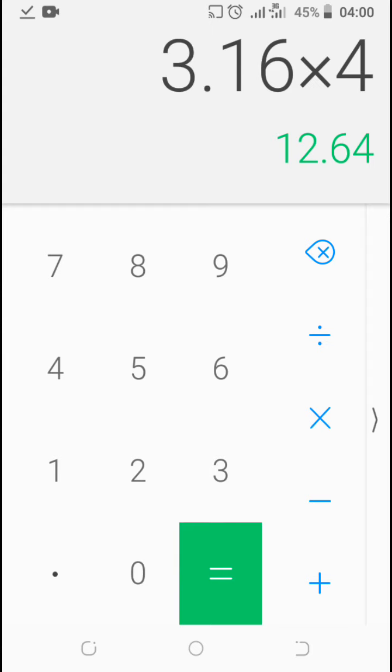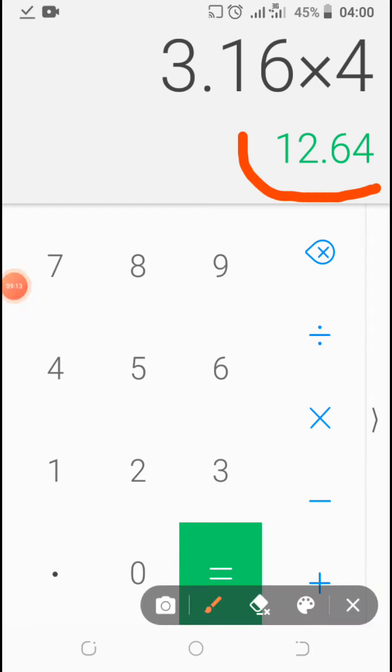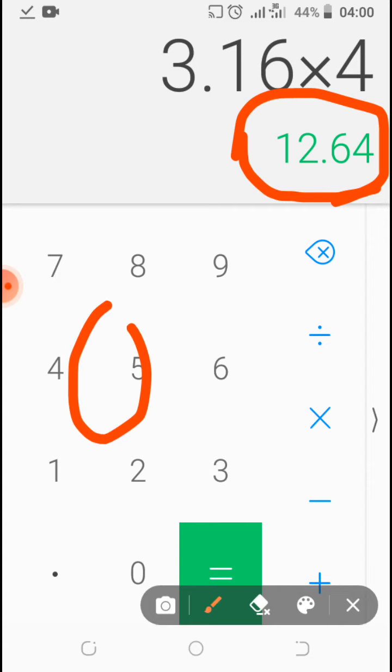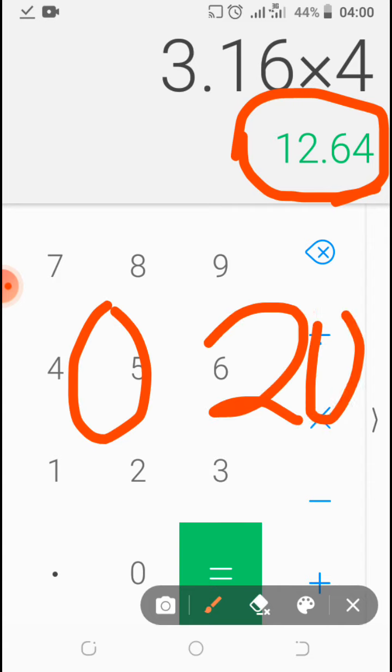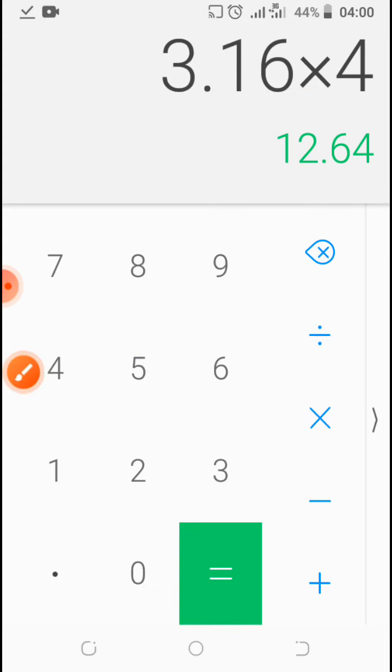So you need 12.64 US dollars in your account as a margin requirement to trade a lot size of 0.20 in a demo account. But that is not so.